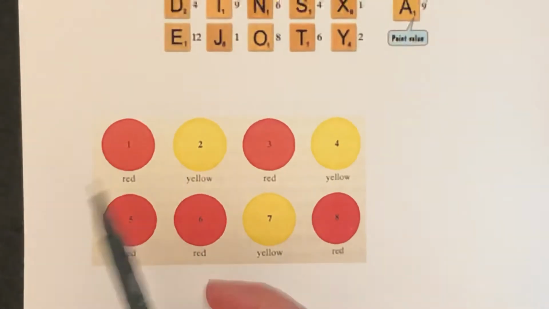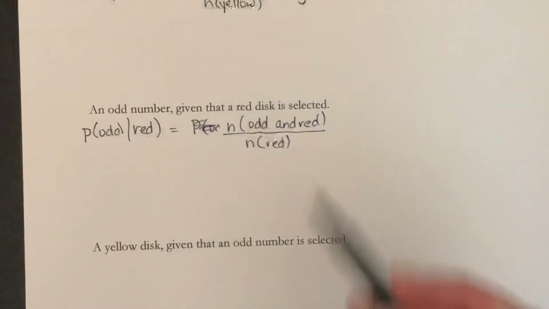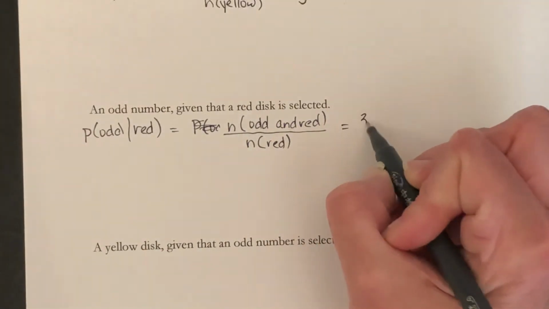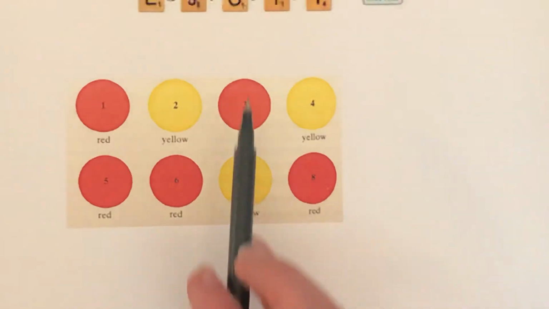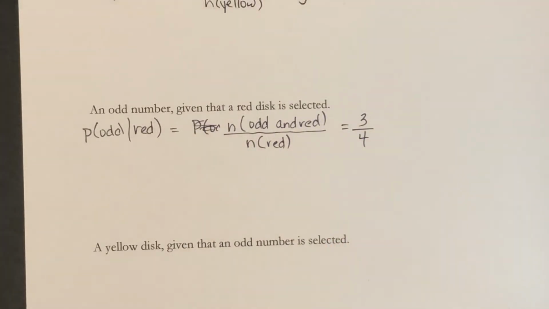How many odd red numbers do we have? 1, 2, 3. There are 3 reds that are odd. 3 out of how many reds do we have total? 4. So that probability is 3/4.